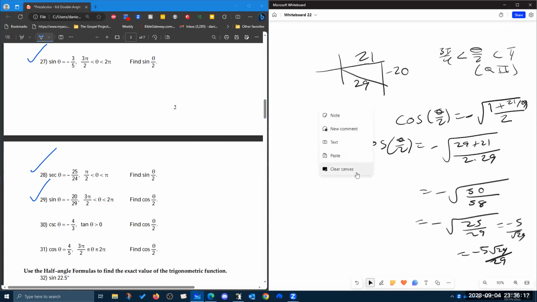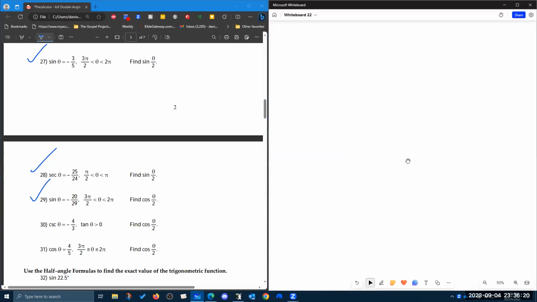Just two more problems. Cosecant is negative 4/3, which makes sine a negative 3/4. Tangent is positive and sine is negative, so I'm in quadrant 3 for theta. 3, 4, 16, 9, 7.